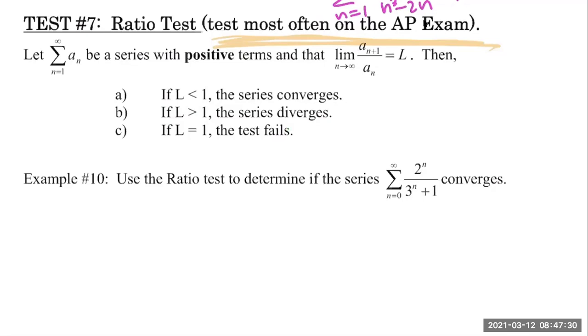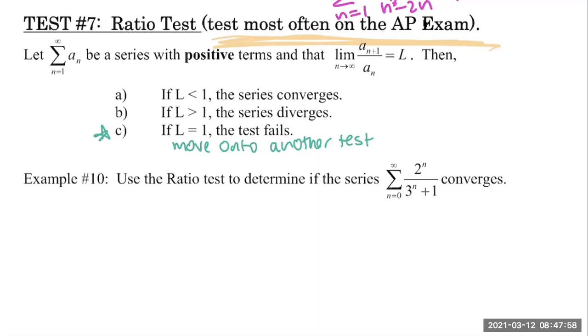So put a star by this and say, move on to another test. If you get that as your answer, then move on to another test, which means try something else, integral test, LCT, p-series, whatever it might be, it doesn't work with the ratio test.